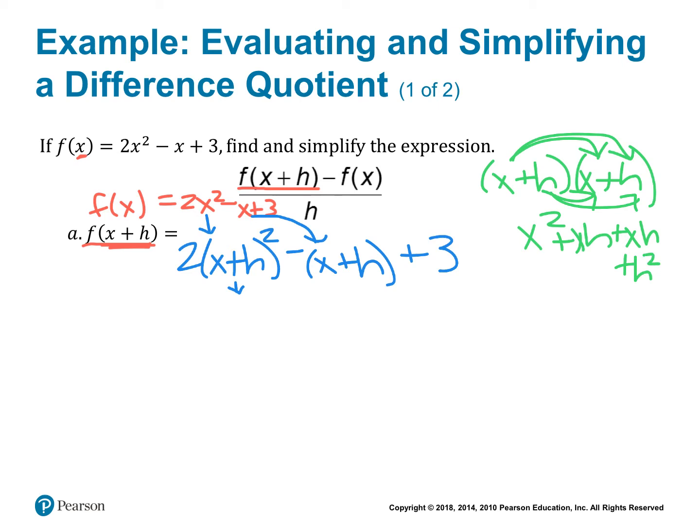So if I simplify that, I have x squared, and I have two xh's and an h squared. So that is going to go in place of this right here.